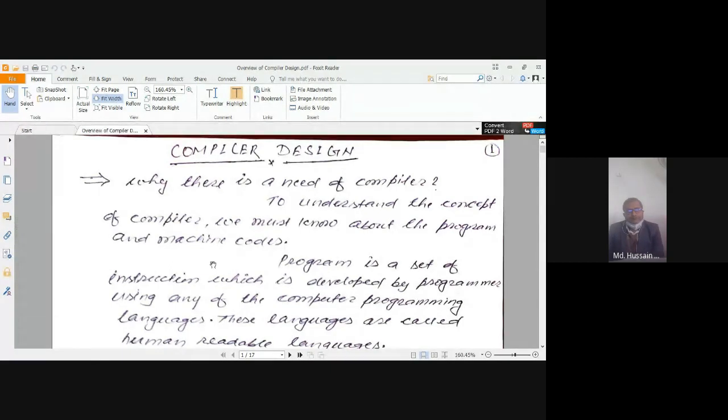So, till date or till semesters, you write the program in a different language. Either you write program in C language, C++, or Java language. And each language you compile and run the program.